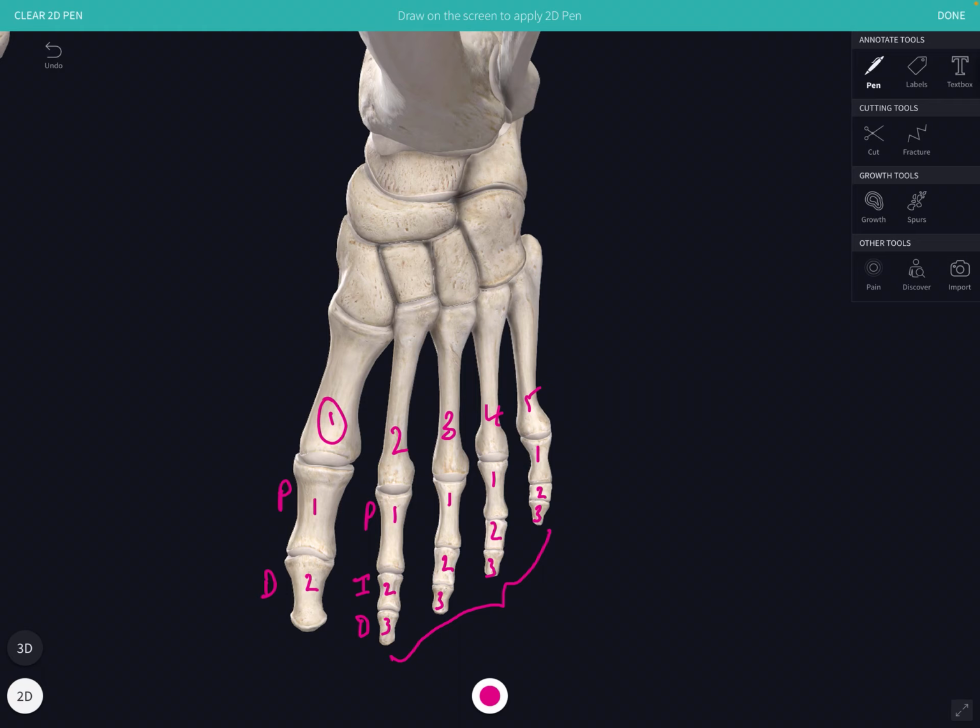Now, the distal phalanges have concave facets on their proximal ends which articulate with the corresponding phalanx, and the distal ends are expanded to support the nail and the soft tissues of the toes.